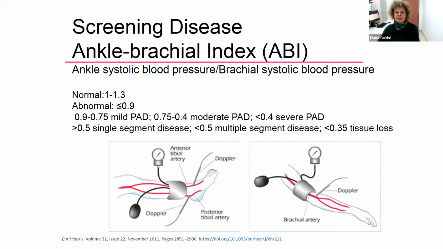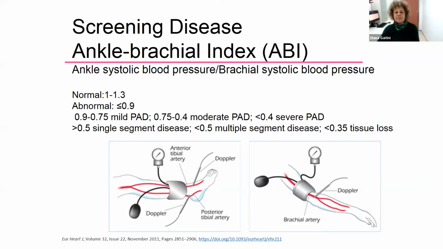A test to screen disease is the ankle brachial index. This is a test that compares the systolic blood pressure at the ankle, measuring the pressure of the anterior tibial arteries and posterior tibial artery, divided by the systolic blood pressure at the brachial artery, and the normal ratio is 1 to 1.3.